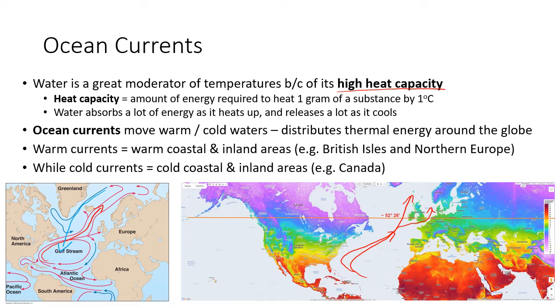That's the reason that at the same latitude, Germany is not nearly as cold as Labrador and Canada, or Spain is not nearly as cold as New York City, or the British Isles not nearly as cold as Ontario. Okay, so those warm waters from the Caribbean are traveling up to the European continent and heating up that continent.